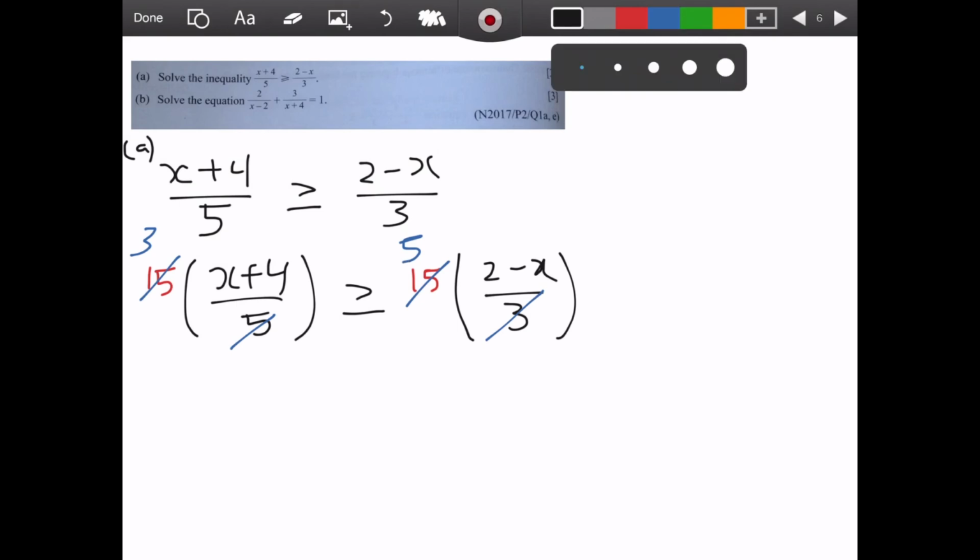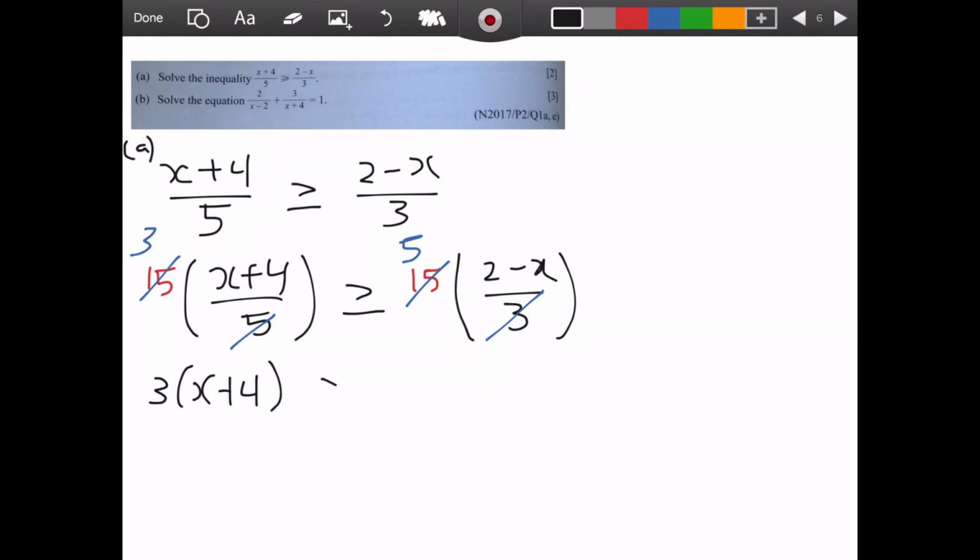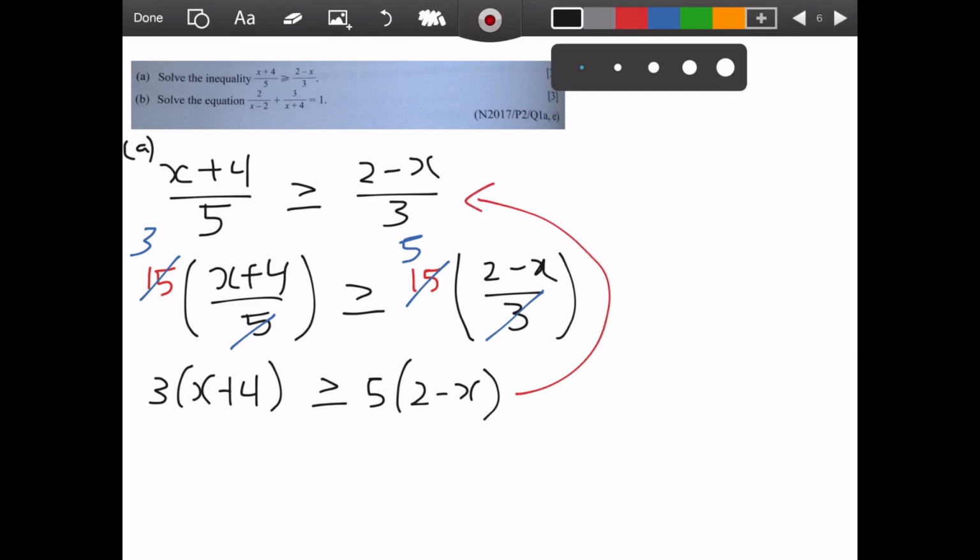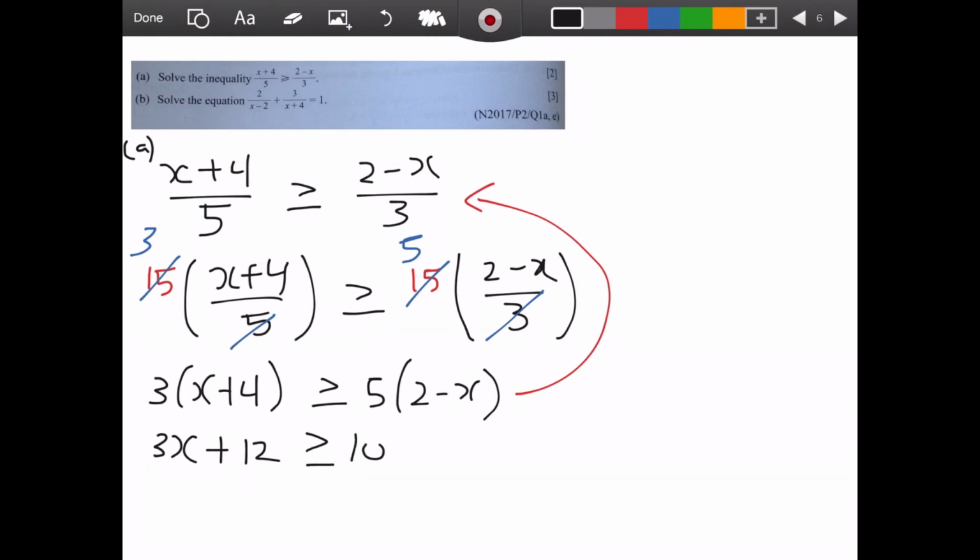So now what you have is 3 times (x plus 4) more than or equal to 5 times (2 minus x), and this is equivalent to the original inequality. But it's in simplified form, so it's easier for you to solve. So you get next 3x plus 12 more than or equal to 10 minus 5x.